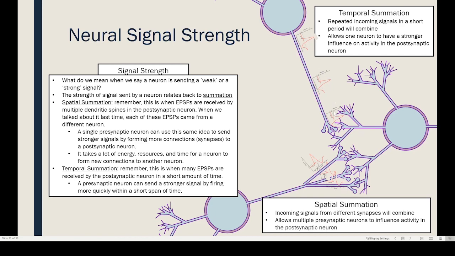Meanwhile, over here, that temporal summation neuron sends several action potentials, one after another, in really quick succession. So the end result is that this postsynaptic neuron got essentially three action potentials from one neuron that all got here at the same time coming through different synapses. And this one is also going to have three action potentials reach this postsynaptic neuron. It just had to fire an action potential three different times over and over again really quickly.